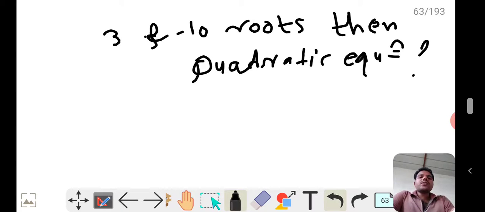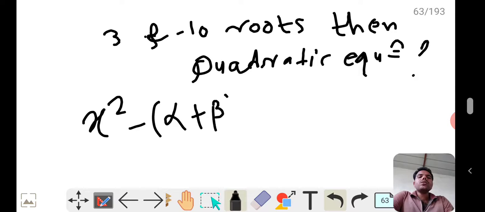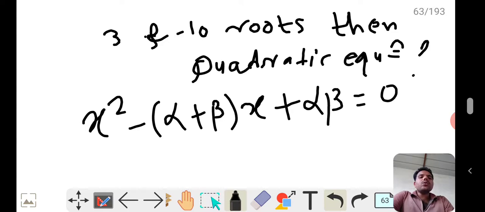The quadratic equation is written as x square minus the sum of the roots into x plus product of the roots is equal to 0. Here we have the roots 3 and minus 10.